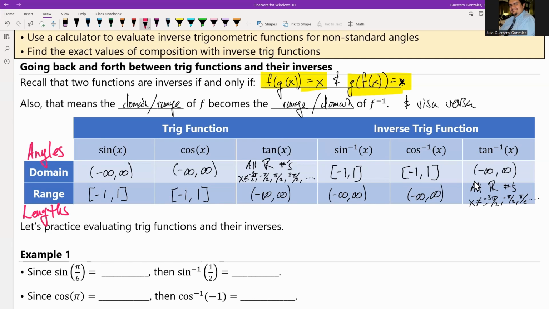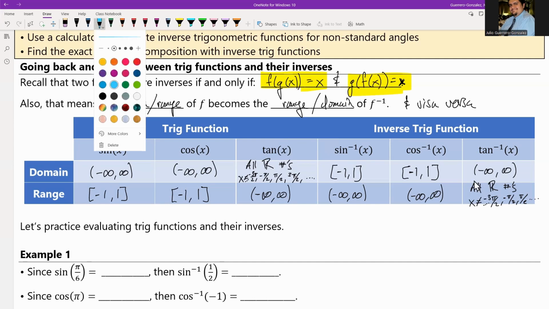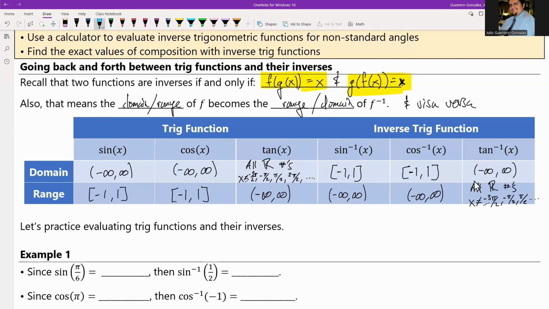Guess what happens with inverse trig functions? Those are backwards. So for inverse trig, I'm going to put this up here. We gave angles to trig functions, and what popped out was lengths. Now these are going to go backwards.